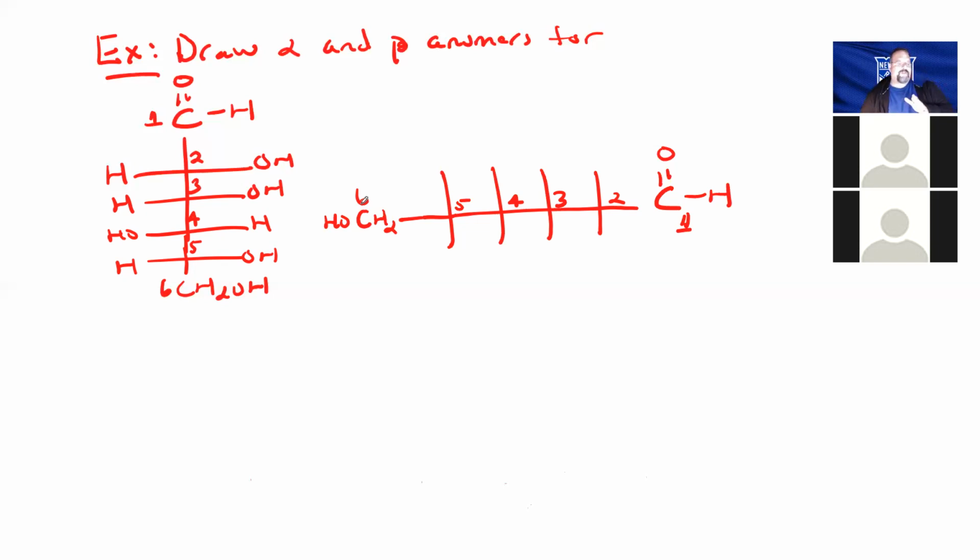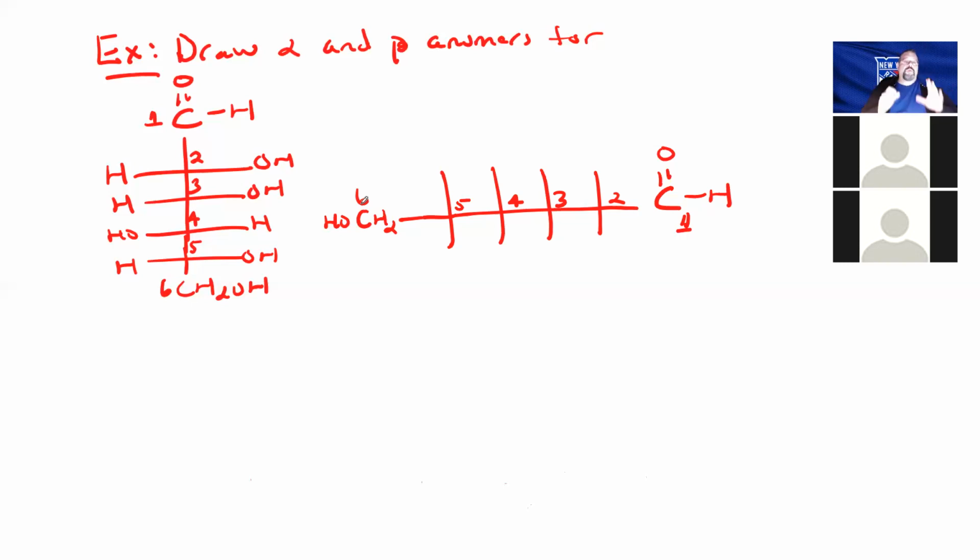I forget if it's 3. It's either 3 or 4. I forget which one it is. But for one of them, that OH is to the right in that group of 2, 3, 4, and 5. For the other one, that OH on that same carbon is to the left. I think it's carbon 4 that is the difference, if I remember right. But that singular difference is the difference between glucose and galactose.